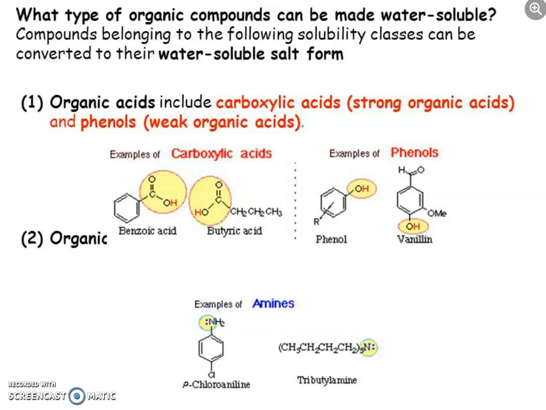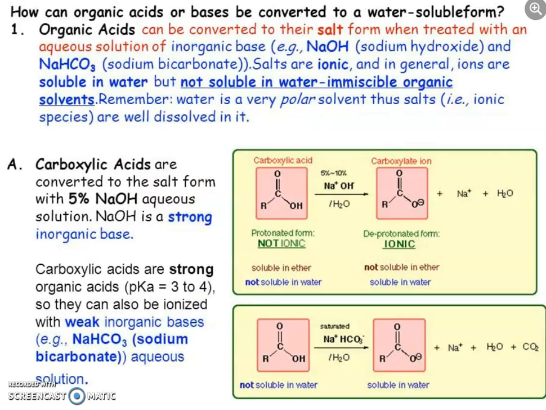So you can see benzoic acid and butyric acid, and phenol just like vanillin. Another is organic amine or organic base, para-chloroaniline and tributyl amine.